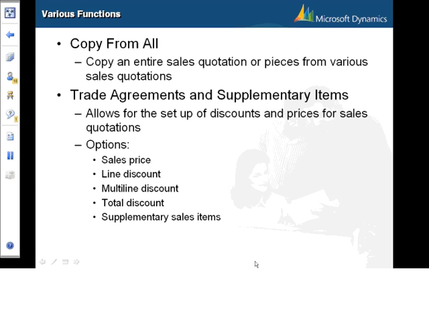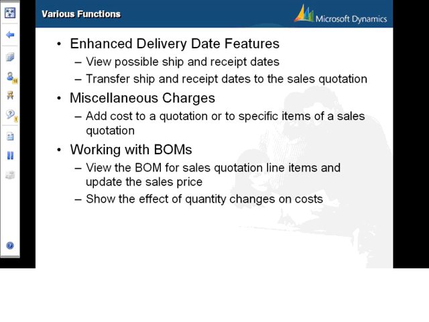Let's move to the next various functions and enhance delivery date feature. Use the available dates button on the quotations form to view possible ship and receive dates calculated using the shipping, transport, and customer calendars. Select one set of dates and transfer them to the requested or confirmed ship and receive dates as required.